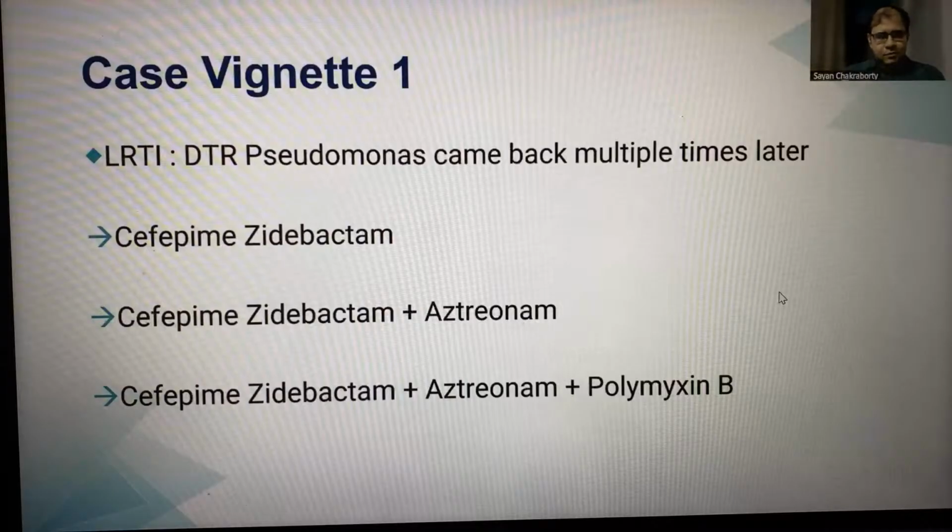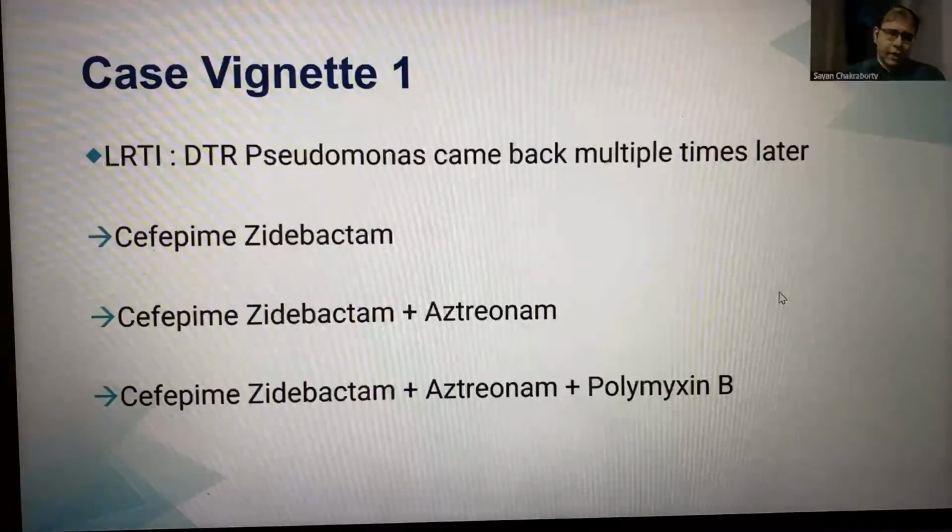So we did that and we found that Pseudomonas is susceptible. The patient was well for 1 week, but again this Pseudomonas came back. We got hold of cefepime zidebactam. We used that. The patient got better. Again the Pseudomonas came back. We had to use cefepime zidebactam with aztreonam combination. Then the patient was again doing well for around 1 week.